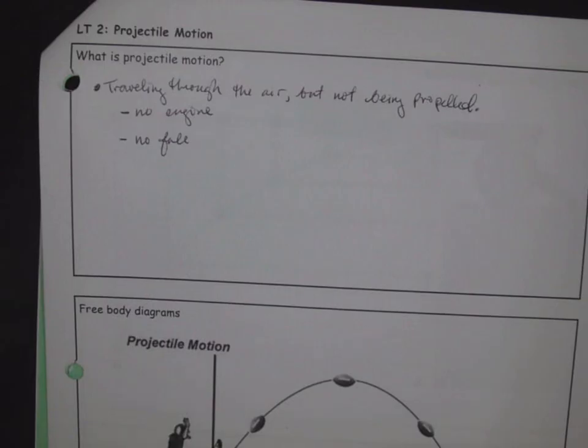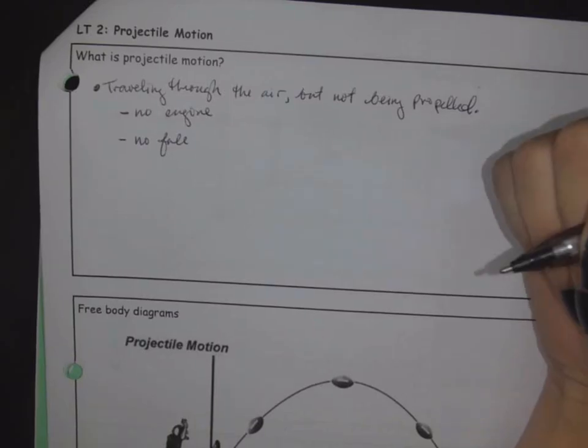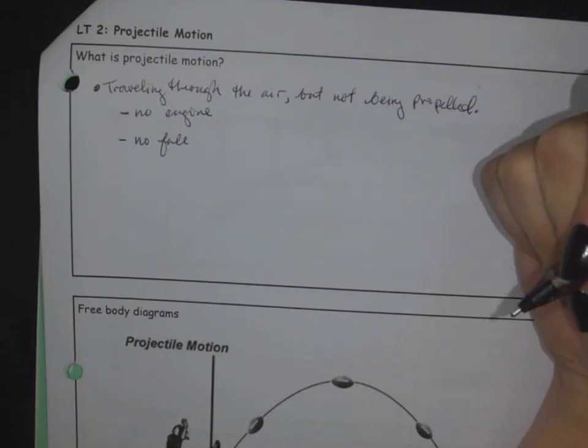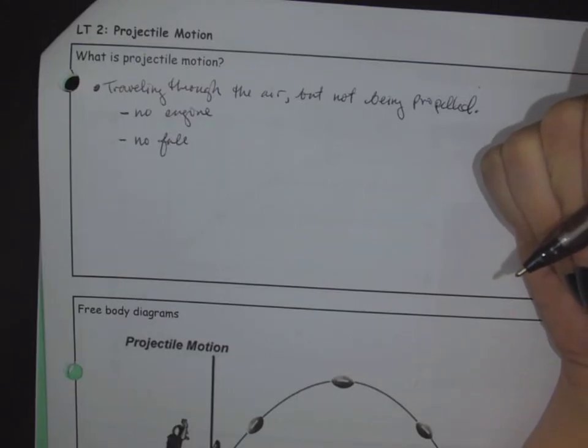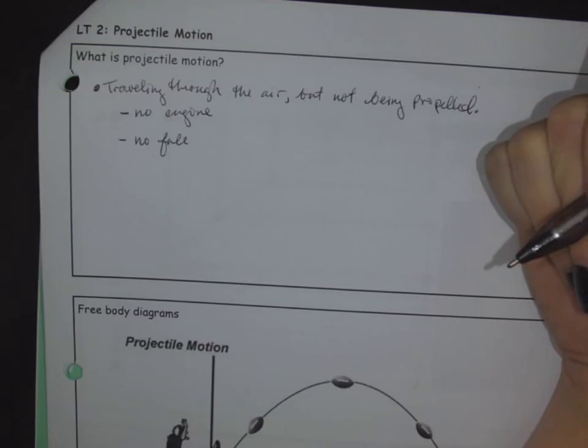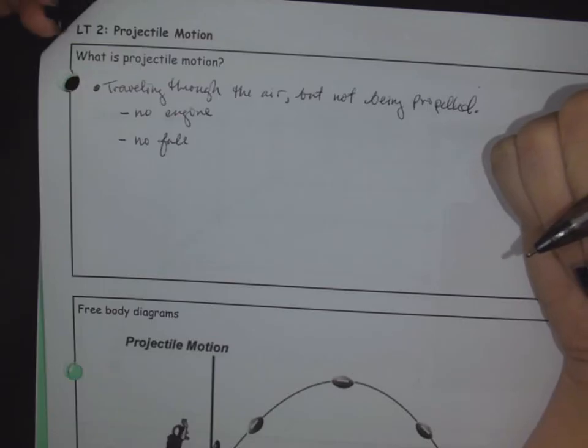Something that is a projectile is traveling through the air, and there's nothing that's propelling it forward. Sure, a cannon or a gun or a football player's foot could have started that motion. It could have supplied a force to get that motion going, but as the item is traveling through the air, there's really only one, maybe two forces acting on it.